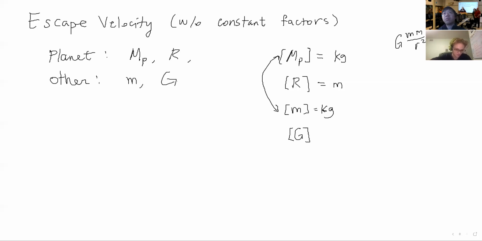If we replace these with units, then we get kilograms squared over meters squared equals kilograms meter over second squared, so G should be meter cubed over kilograms times second squared.